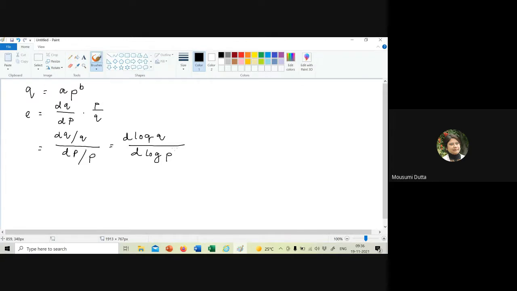Okay, so the equation is Q is equal to A P to the power B. You have to find the value of elasticity of demand.